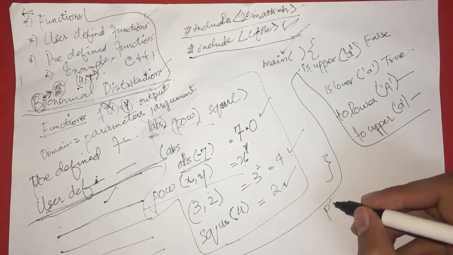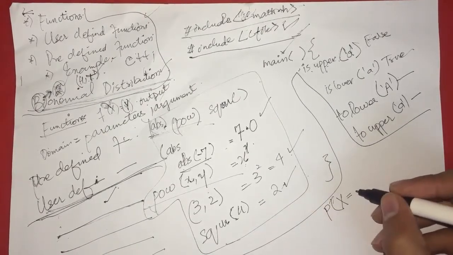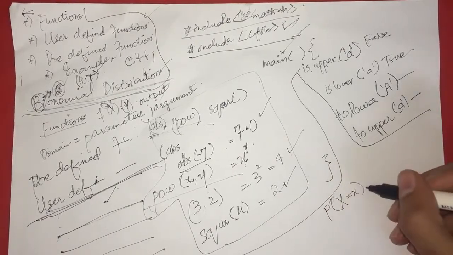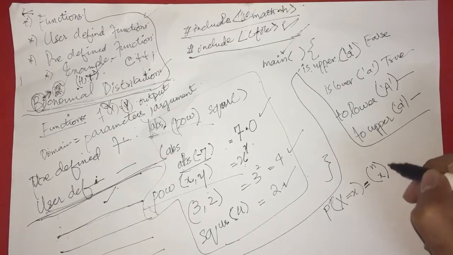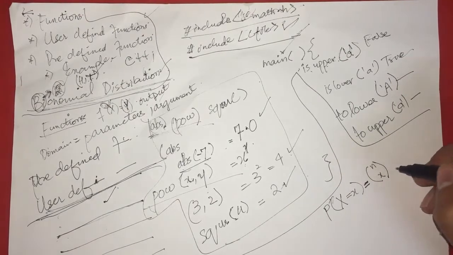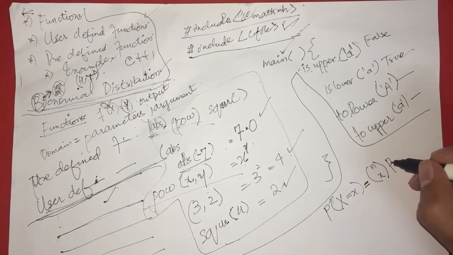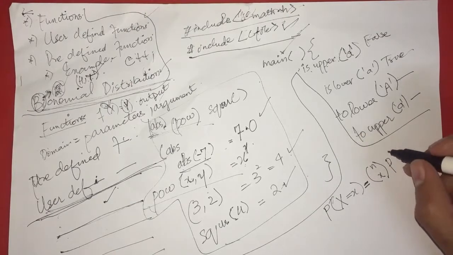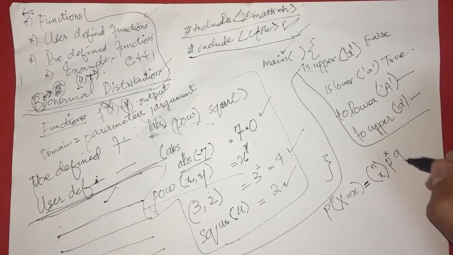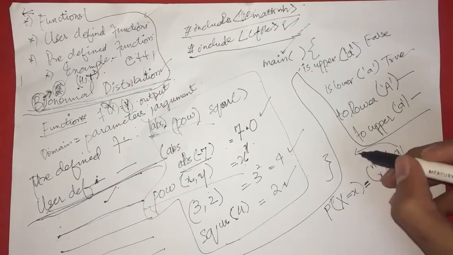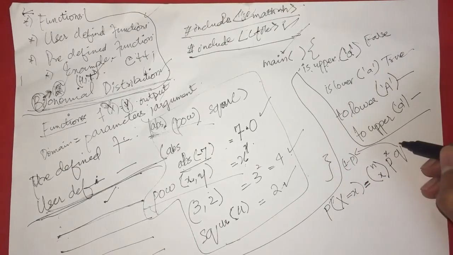So you have P(x), the probability that the variable assumes x, and that is equal to n choose x, times p, which is the probability of success, to the power x, that is the number of successes, times q, that is 1 minus p, to the power n minus x, that is the number of failures.